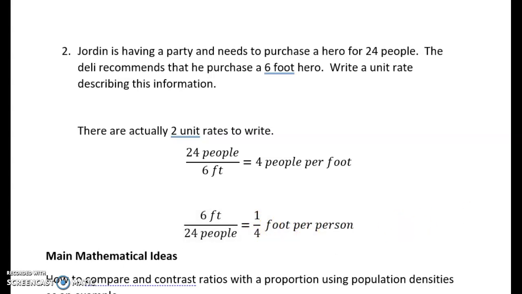So it's just a matter of how do you want to describe the information. The relationship between the number of people and the amount of food is still the same. It's just how do you want to describe it? In the first way, it describes how many people could be fed with 1 foot of hero. And then in the second unit rate, it describes the size of a hero that one person is consuming.